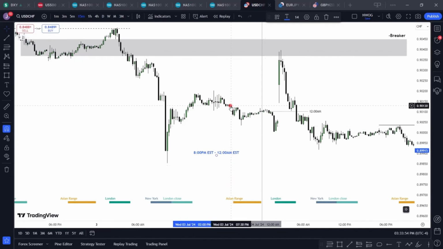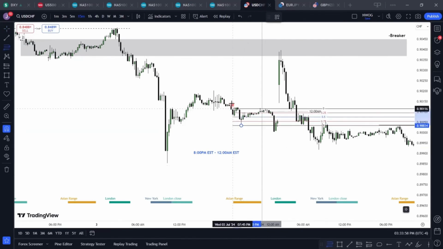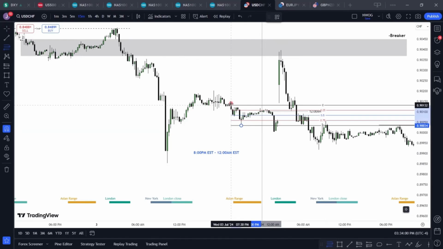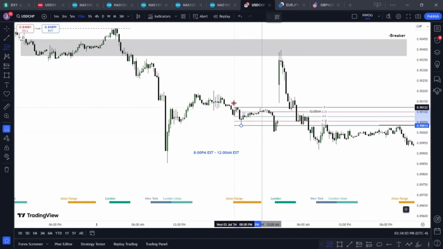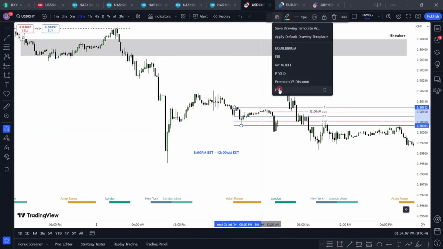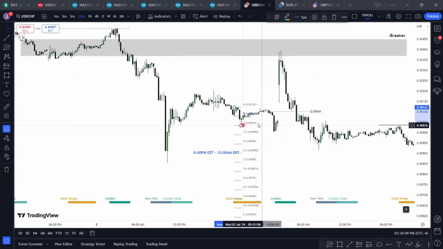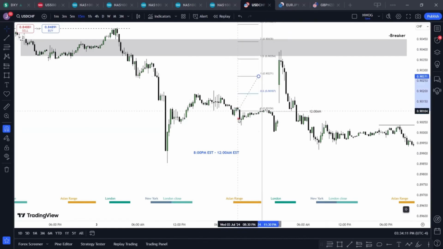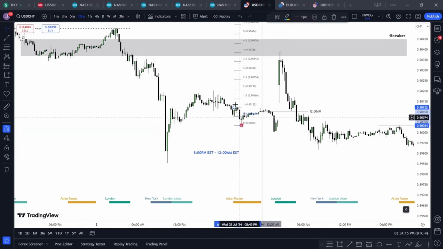So this range here. You want to bring your fib and then measure from the high to the low, the highest high that was formed within this time window. So let me change it. So you use your fib. You can see it here.